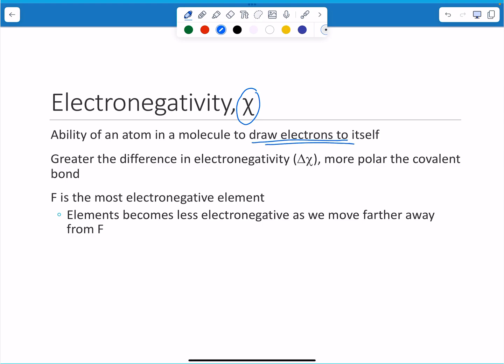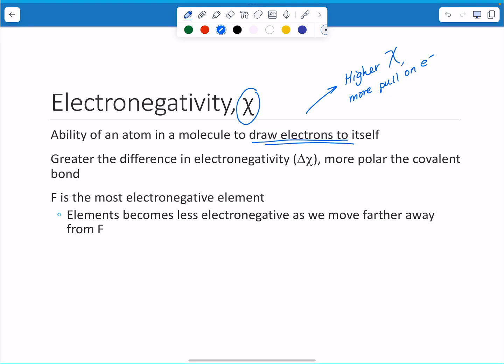So atoms that have higher electronegativity values are going to have more of a pull on the electrons. The higher the xi value, the more pull on electrons.